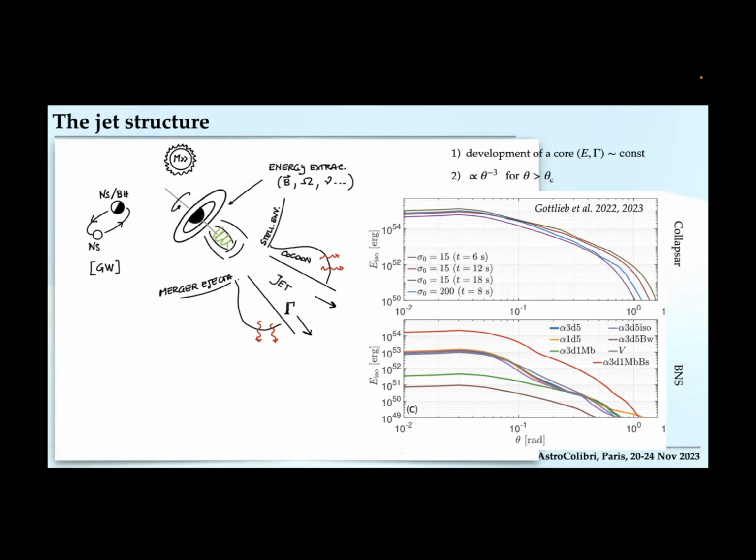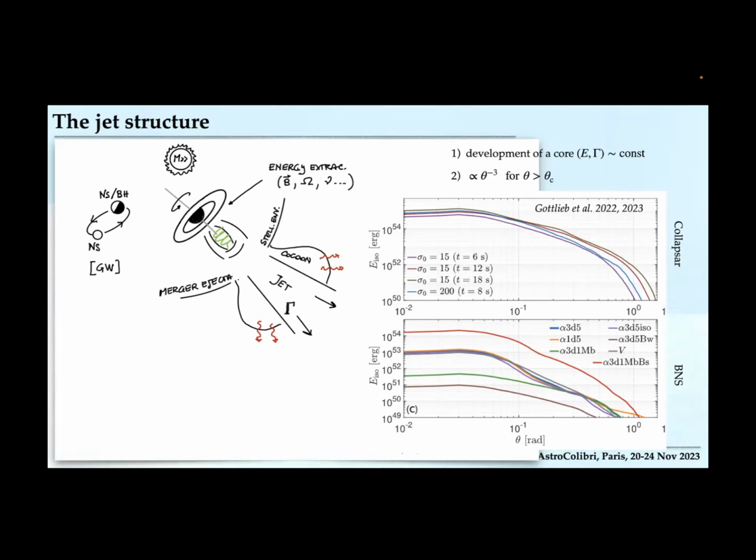In this path, of course, MHD instabilities are going to interact with the jet boundary and produce, for instance, a distribution of energy and velocity which depends on the angle. Here you see simulations of collapsar and double neutron star physics, where we see the isotropic energy contained in the jet as a function of the angle from the polar axis.